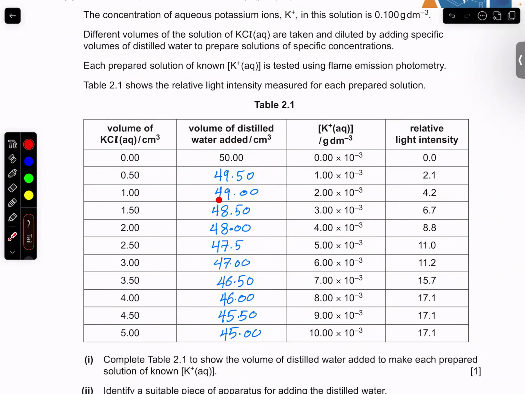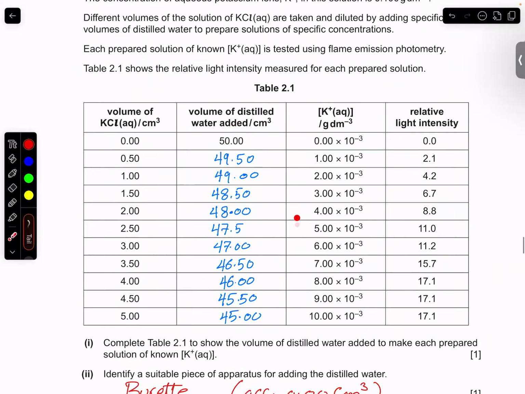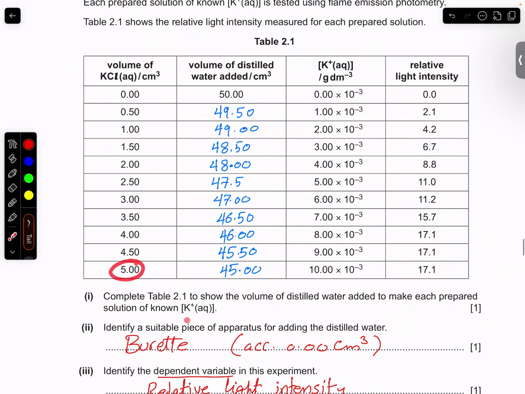If we put 1 centimeter cube, the volume of distilled water should be 49. If we put 1.5 centimeter cube, the volume of distilled water should be 48.5, and so on until we reach 5 centimeter cube of KCl and 45.00 centimeter cube of distilled water. Each time we get the relative light intensity and the concentration. Here the concentration is 1.00 times 10 power minus 3, and the light intensity is 2.1.